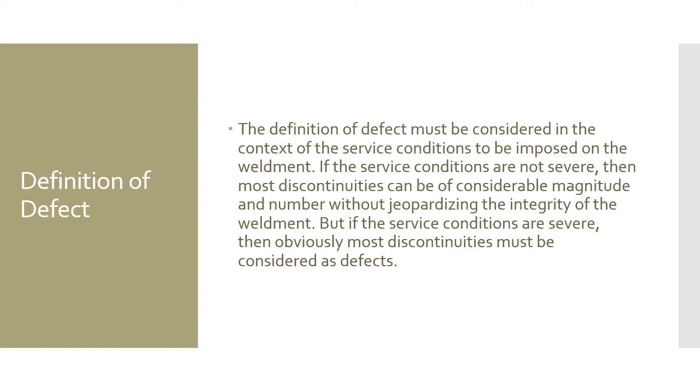What might be a defect in ASME B31.3 might not be a defect in D1.6. It's a discontinuity, but the code is going to tell you what a defect is.